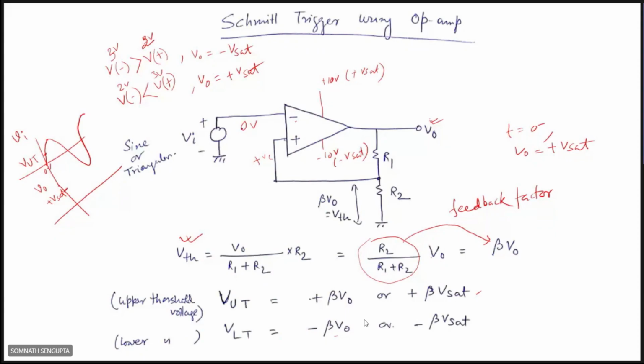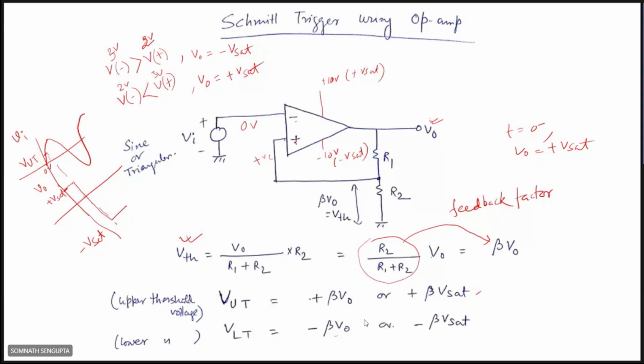When the input voltage becomes slightly greater than this upper threshold voltage VUT, the op-amp state will change from plus Vsat to minus Vsat, because now more voltage is coming at the inverting terminal than the non-inverting terminal.